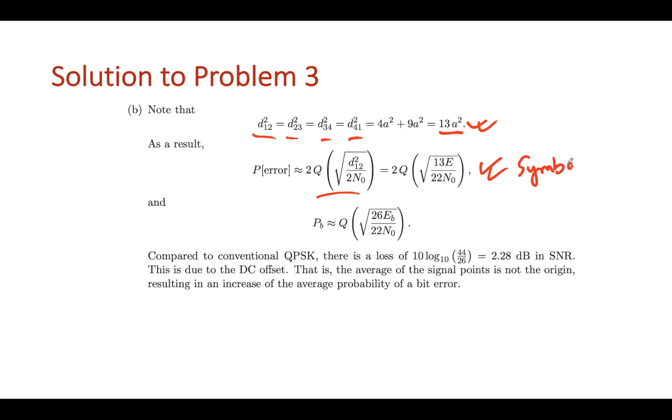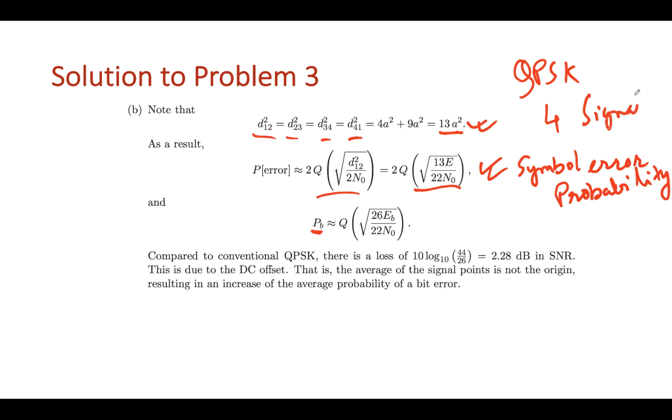But in the problem you are asked to find the bit error probability. The bit error probability will be given approximately by the symbol error probability divided by the number of bits. Since we have 4 signals, your M is 4, which is equal to 2 to the power lambda, therefore your lambda is 2.